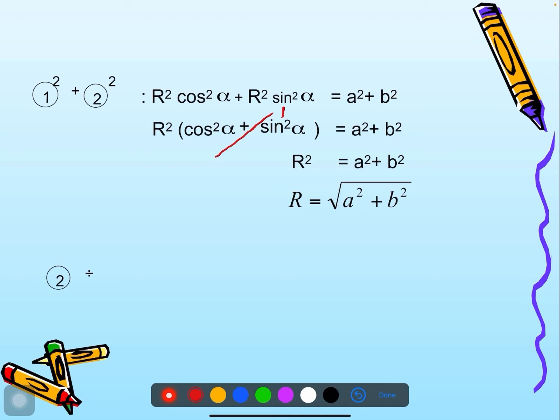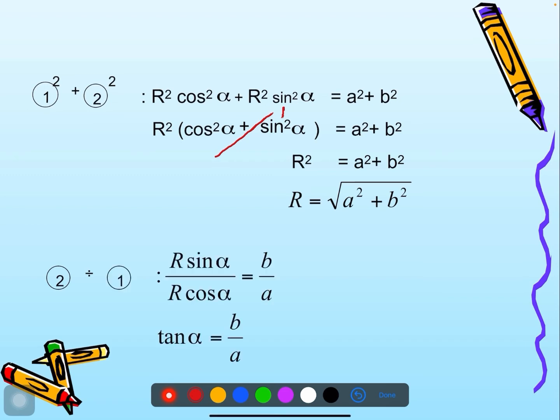The next one we will do is take the second equation divided by the first equation. Then we get r sin alpha over r cos alpha equals b over a, and the r cancels. So we have tan alpha equals b over a.